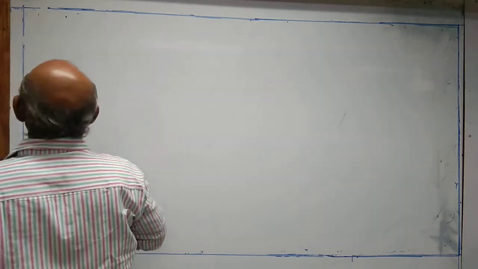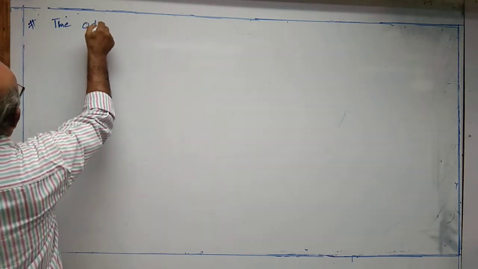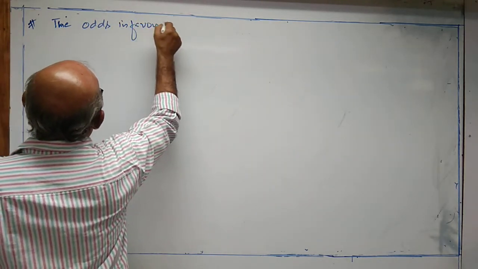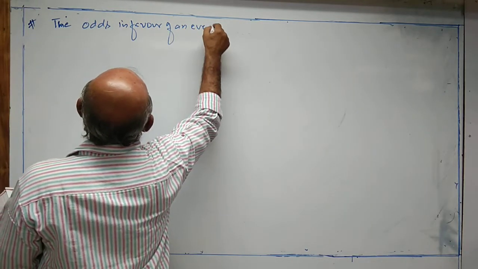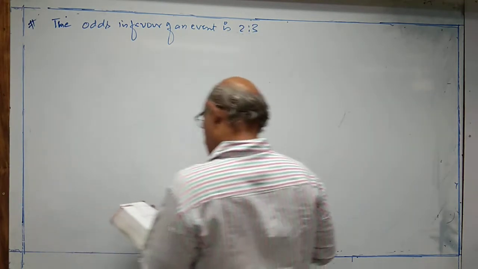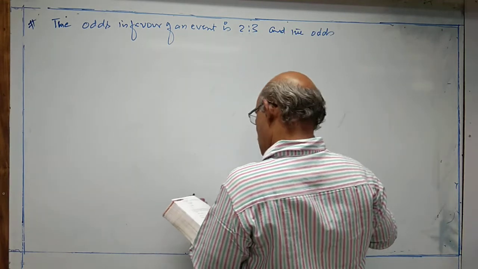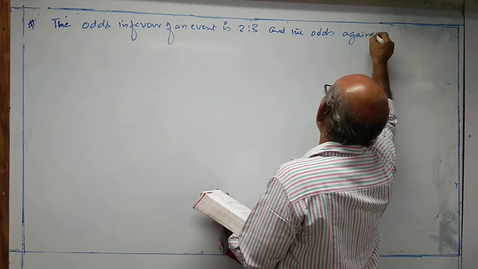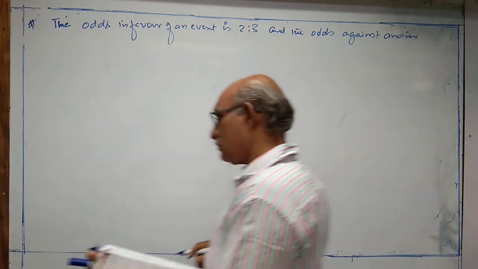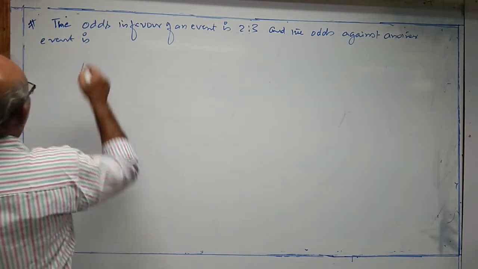Now look at the question. The odds in favor of an event is 2:3, and the odds against another event is 3:7.